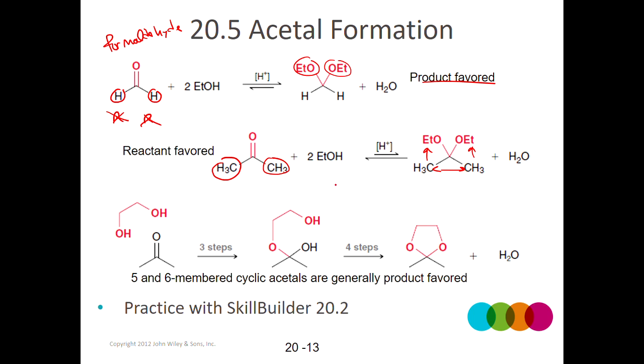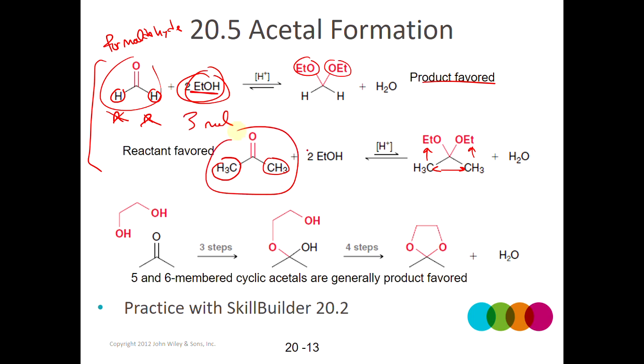So what else is affecting the equilibrium here? Another thing that's affecting the equilibrium is entropy. In these first two reactants, I'm starting with 1, 2, 3 moles, because there are 2 of these that have to react. 3 moles of reactants, and I'm producing 2 moles of products.